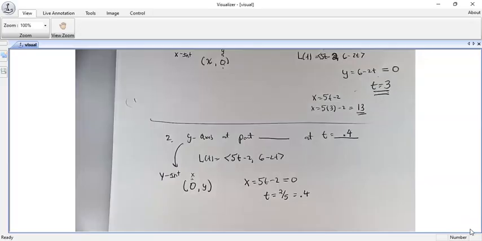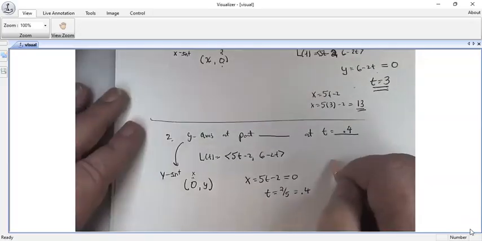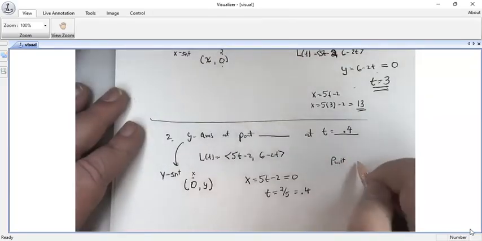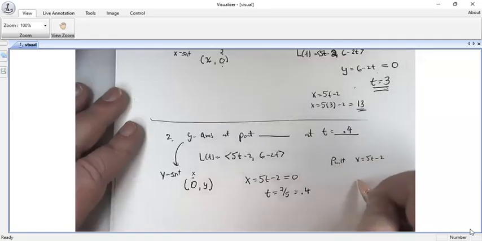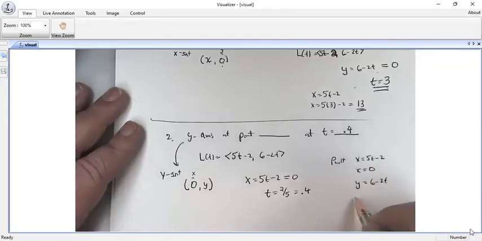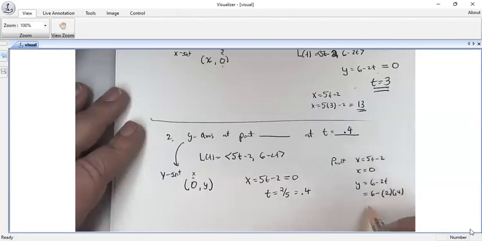What would the point be? Well, once again, x is equal to 5t minus 2, and you plug in your time, but you know the x-coordinate is going to be 0, but the y is equal to, what was it, 6 minus 2t. So that would be 6 minus 2 times 0.4.